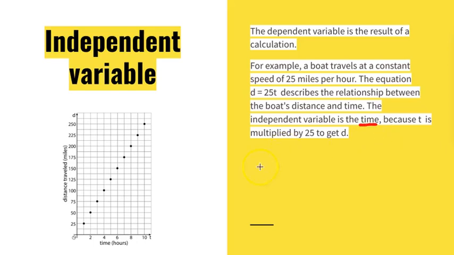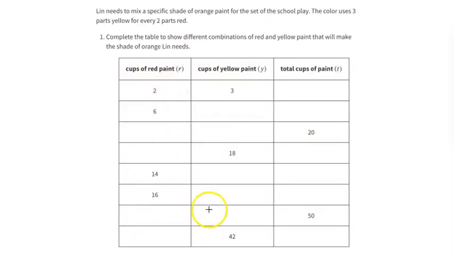Time is still going to be just the time, but for us to figure out our distance, we need to know how much time we've gone to multiply it by the 25 miles per hour to get us our distance. So distance is the dependent variable in this situation, and time is the independent variable. All right, so you're going to need to jot down this table because it's going to come important later on for some other pieces.